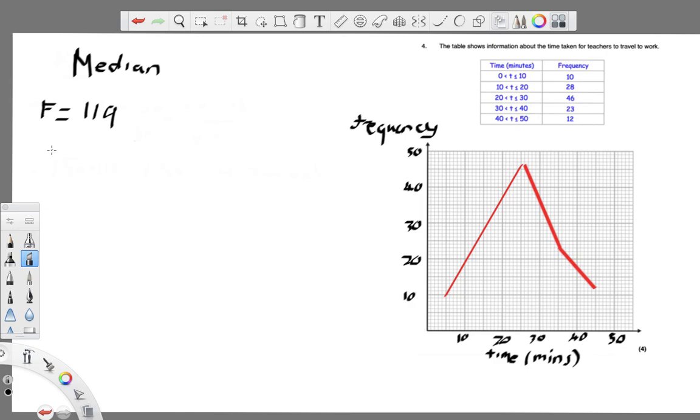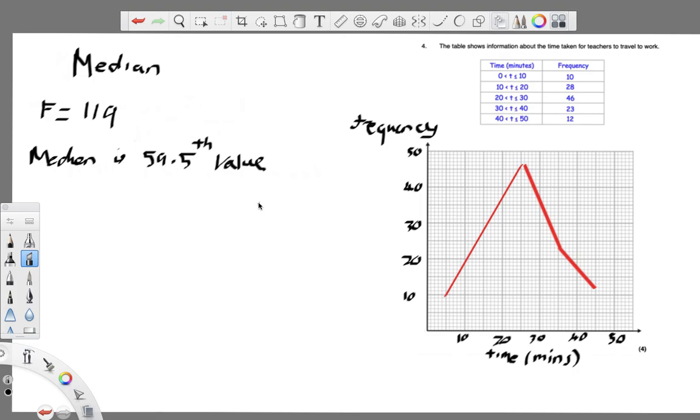So therefore our median is the 59.5 value. That is not the answer. That just tells us what we're searching for.